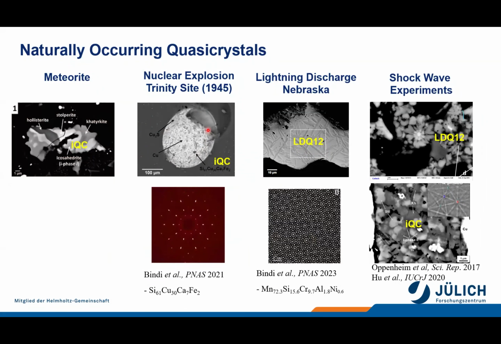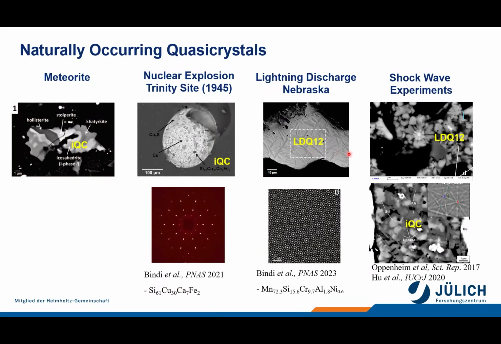And sure enough, in the middle of molten glass, they find an icosahedral quasicrystal. So the silicon comes here from the quartz sand and the copper from a power line that came down during the explosion and formed together with silicon this icosahedral phase. So again, super high temperatures, super high pressure formed this quasicrystal.